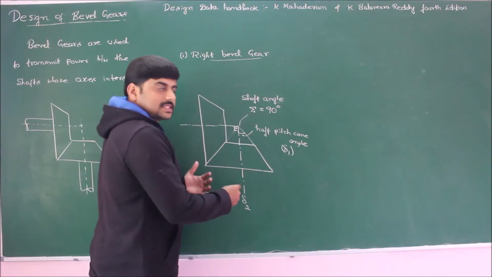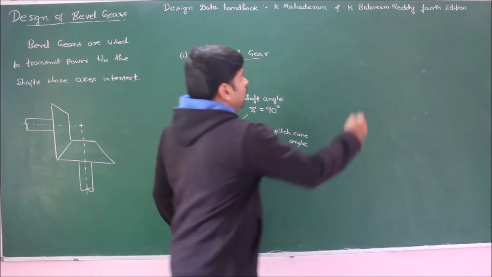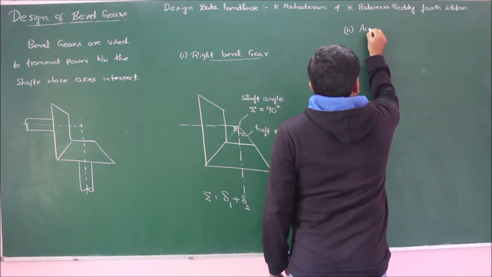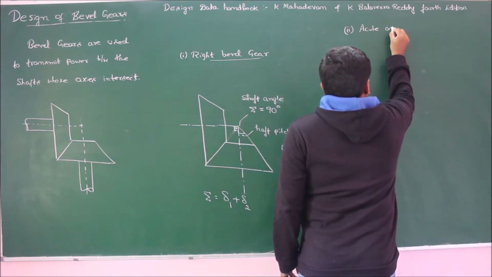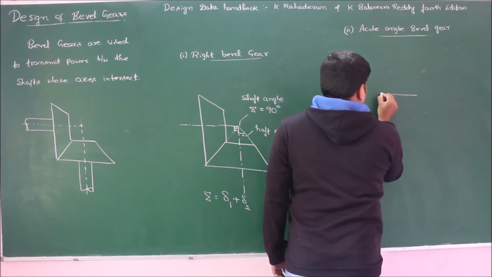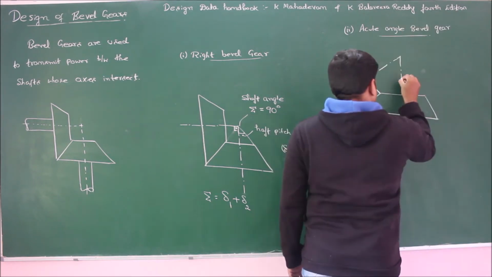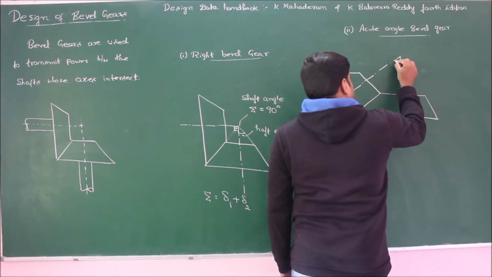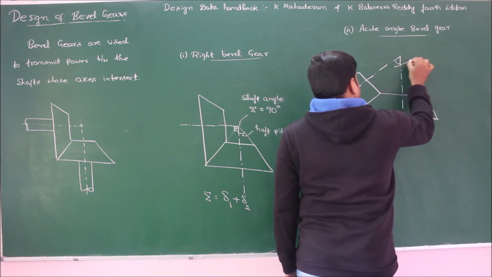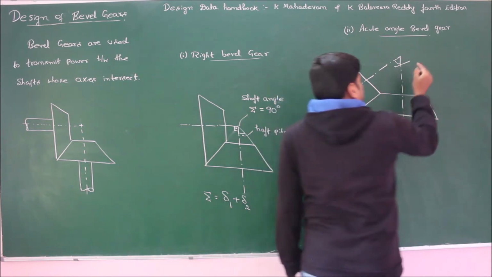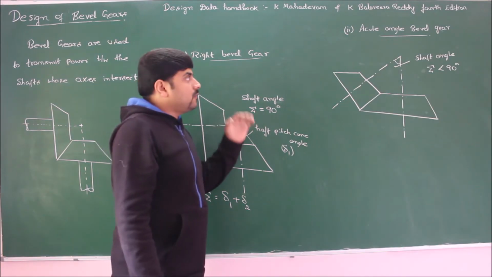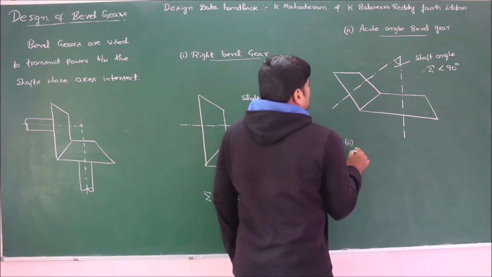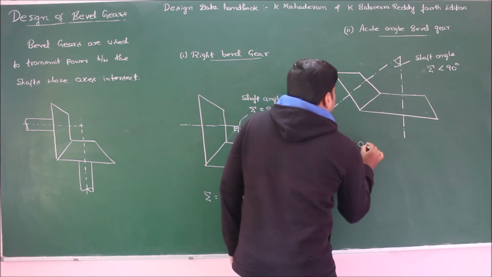So therefore, sigma is equal to half pitch cone angle of gear 1 plus half pitch cone angle of gear 2. Next, moving on to the second type of bevel gear which we will be discussing is acute angle bevel gear. In case of acute angle bevel gear, the shaft angle will be less than 90 degree. Third type of bevel gear, that is obtuse angle bevel gear.